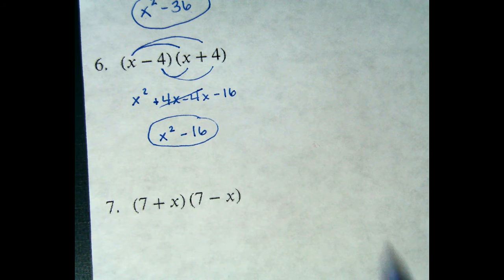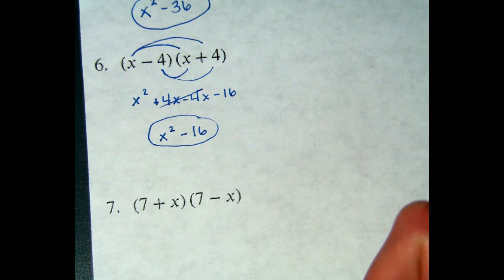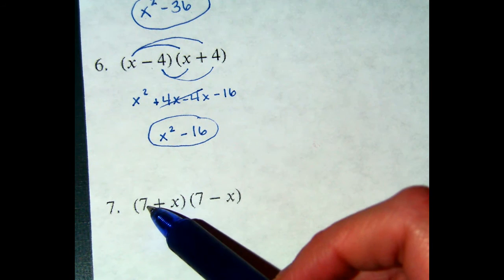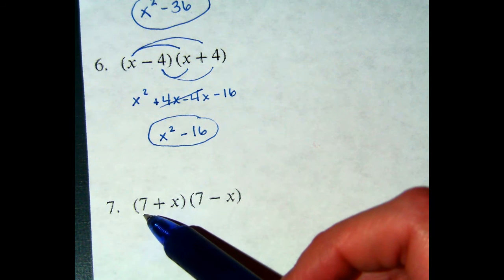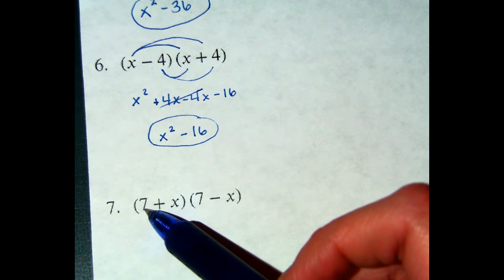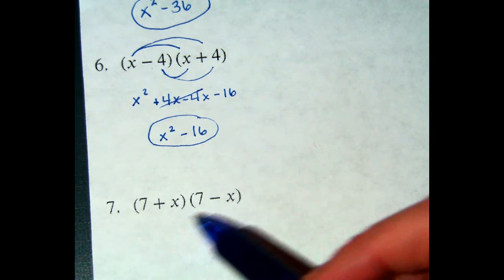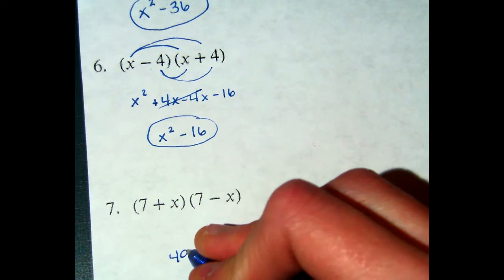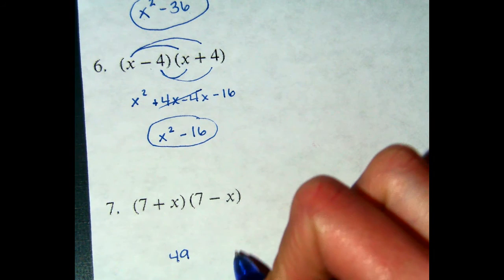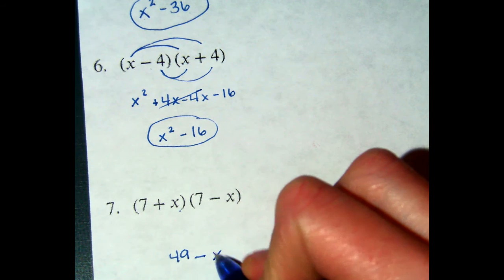How can you look at this or this and just know what the answer is? What do you think? Go ahead. The first two terms, you multiply those together. What is 7 times 7? Okay, and then what? Minus x times x, x squared.